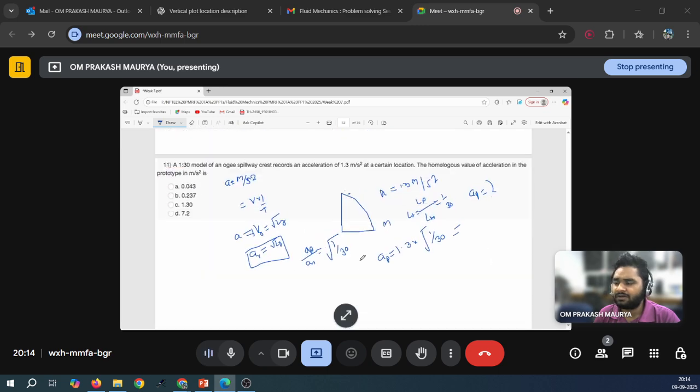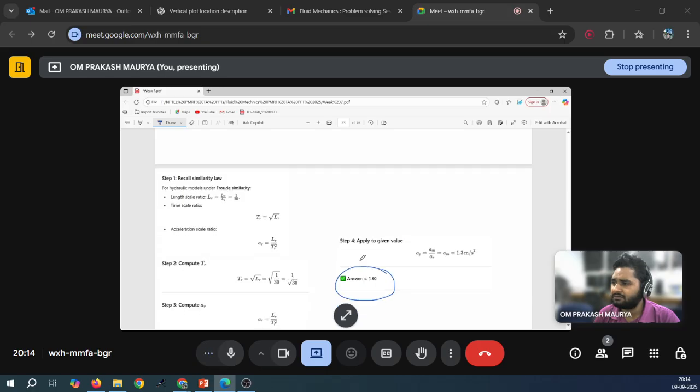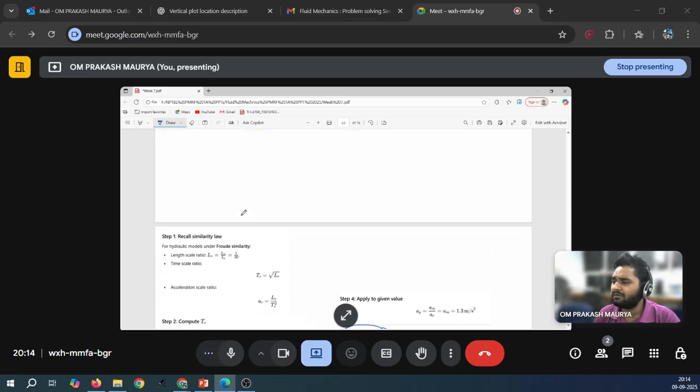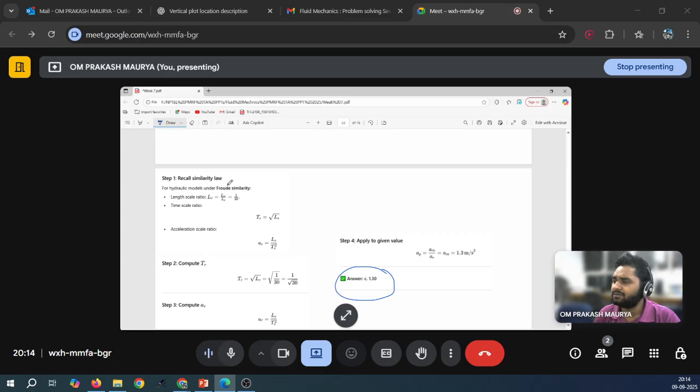I think I made a mistake somewhere. Okay, similarity law: LR is equal to LM by LP, 1 is to 30. And the time scale ratio TR is equal to LR. How is it possible?